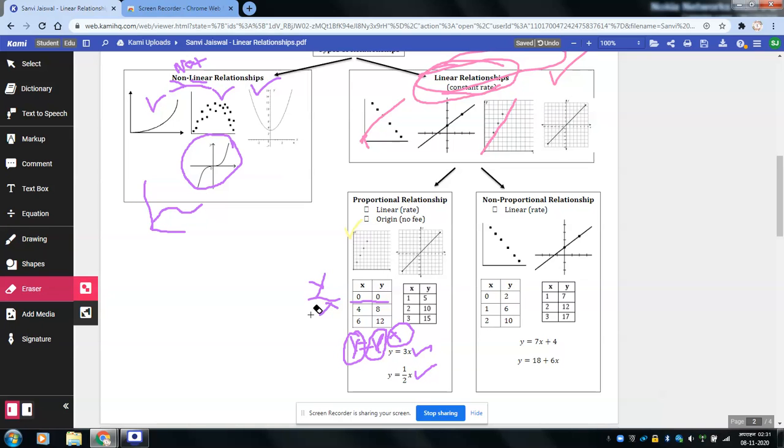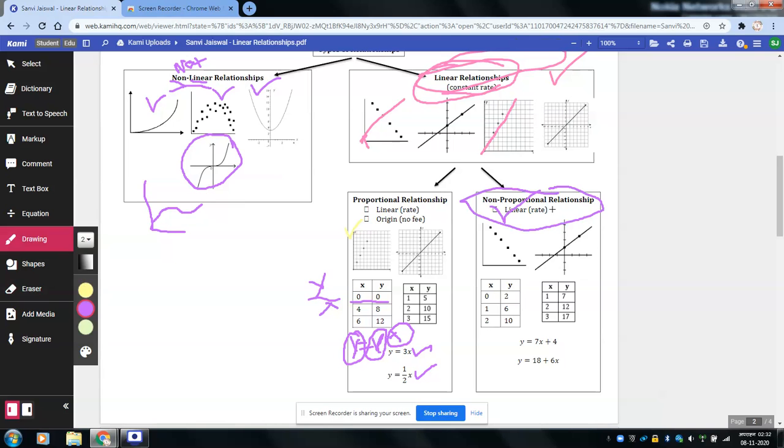We're just simply going to be plugging those numbers in and dividing. And if your number comes out the same all throughout, at least 3 tries, then that means it is proportionality.